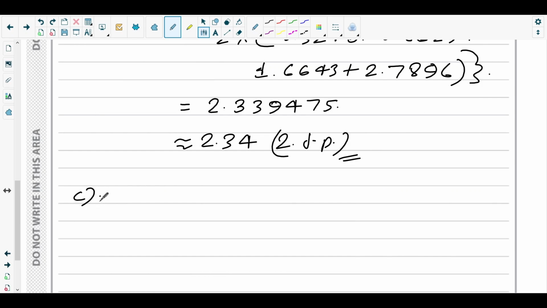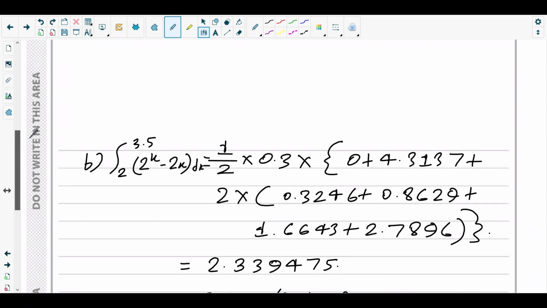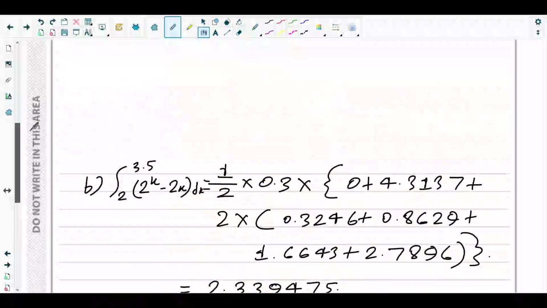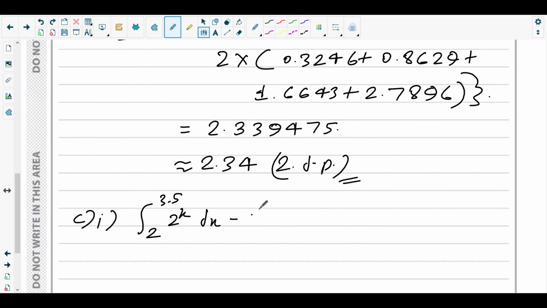So for part C1, the integration of 2 to the power x from 2 to 3.5 dx minus, I'm just separating the integral, 2 times the integration from 2 to 3.5 of x dx, equals 2.339475.